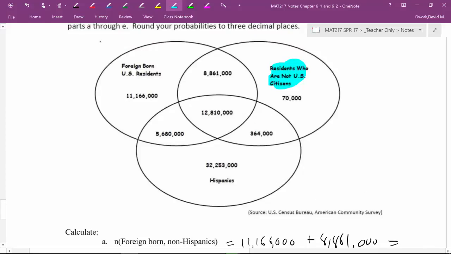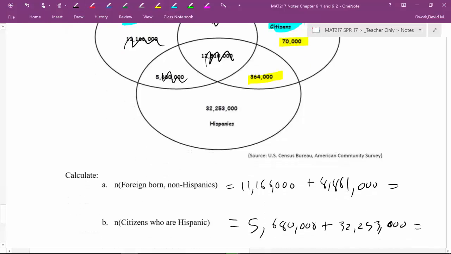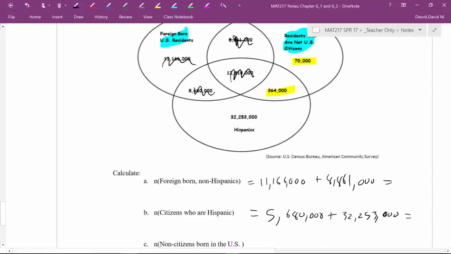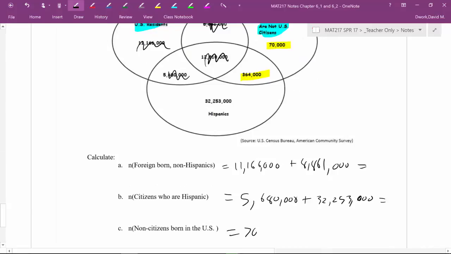So foreign born means we're not born in the United States. So we want people outside this bubble, outside here. So we don't want these numbers. Nope. Gone, gone, gone, gone, gone. Outside that bubble, but inside this bubble. So we're keeping the 70,000 and we're keeping that. So therefore, what does that mean? Well, our number is 70,000 plus 364,000.